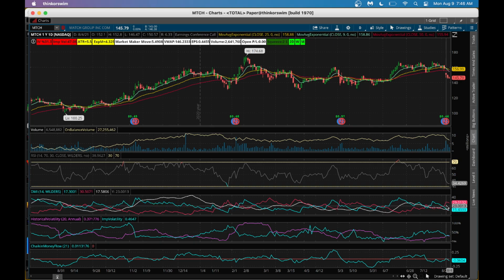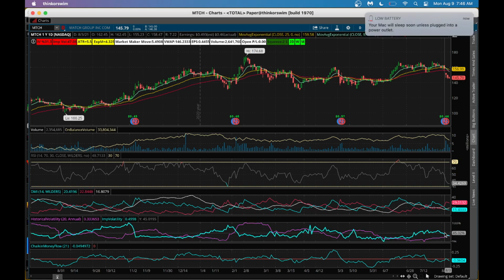There's a good amount of gap here that tells you right now the stock is in full bearish mode, and volatility is very low right now, 31.3. As you can see here, it's very low at this time. And as you scan through here, Chaikin money flow is right now going a little bit down. That tells you smart money is flowing out of the stock, which is the case when there is a big drop in the stock itself.